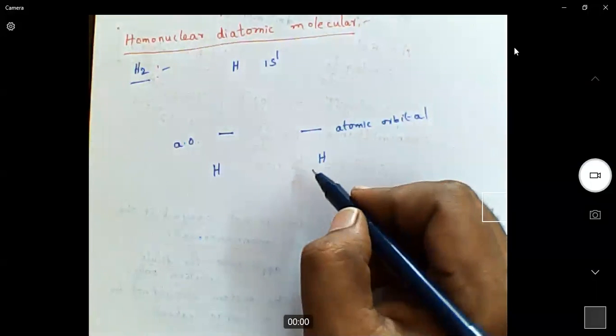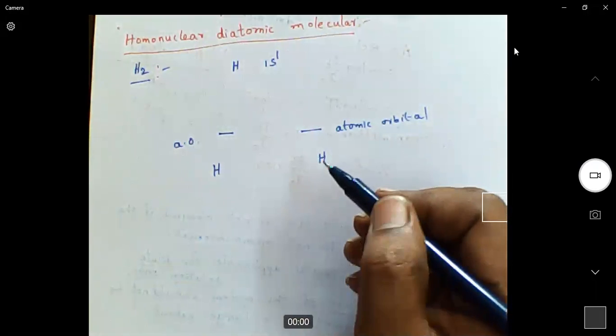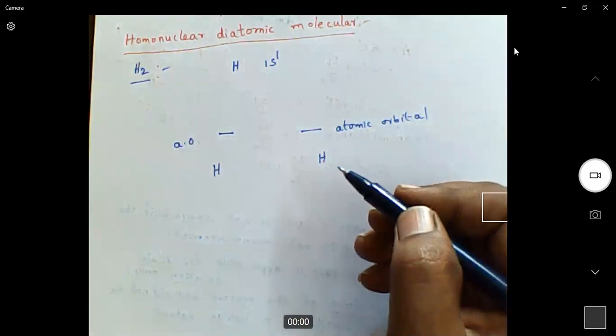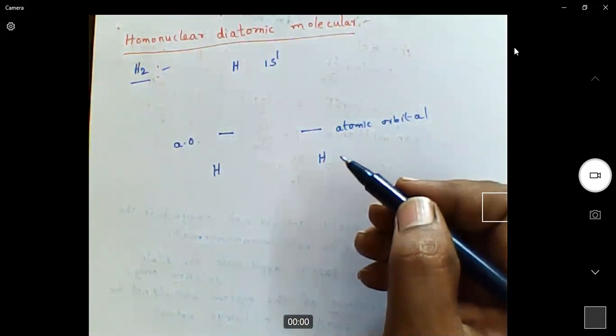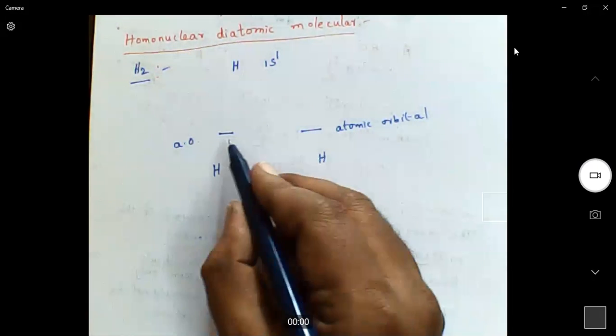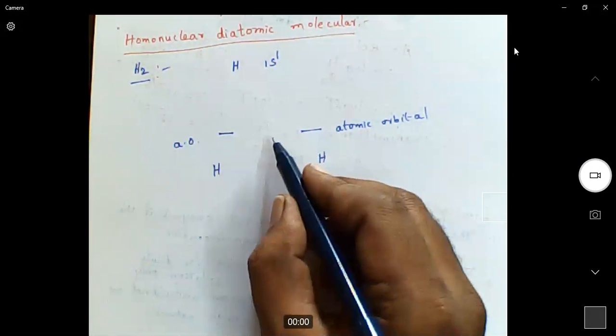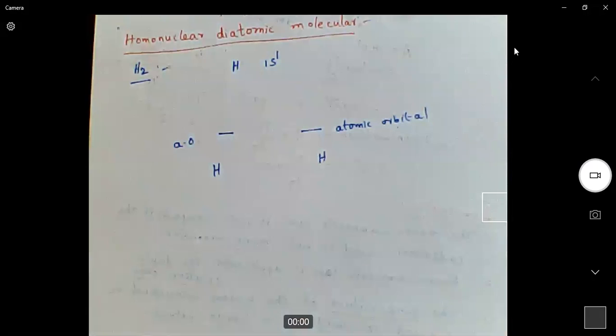Now, what is MO? When a molecule is formed based on MO theory, the atomic orbitals will mix and they will give molecular orbitals. So according to MO theory, atomic orbitals will be mixed in the molecule and they will generate MOs. How many MOs will be generated?